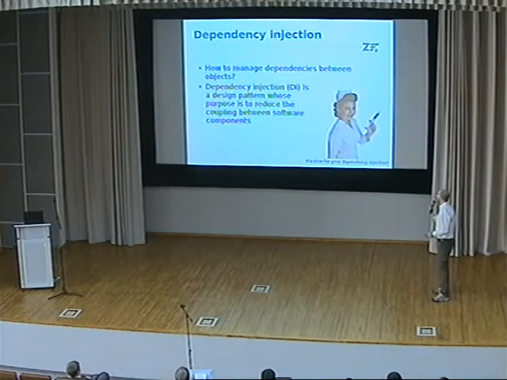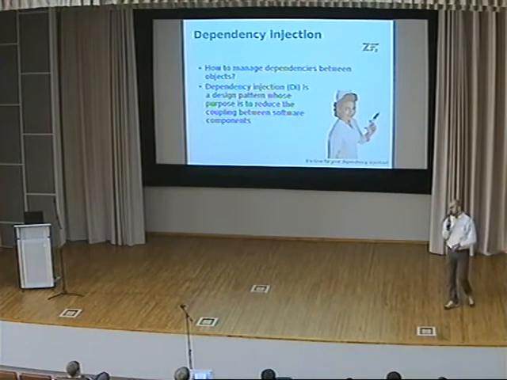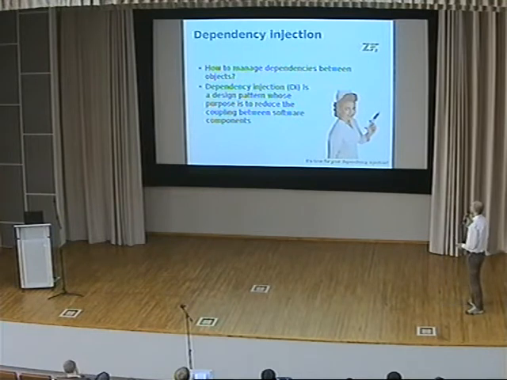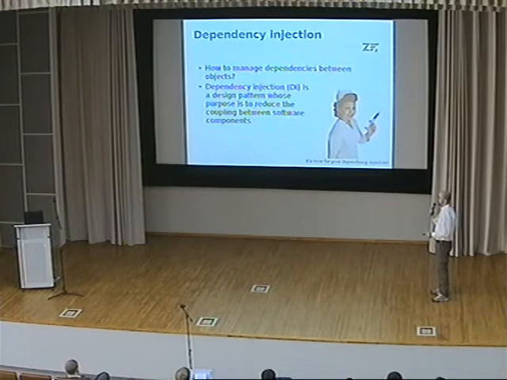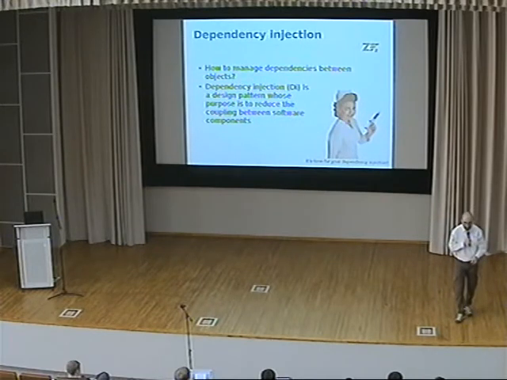Okay, for people who don't know what dependency injection is, here there is a very short definition. So basically the idea is we have a project. Of course, we are writing software using the object-oriented paradigm. So we have a lot of classes.